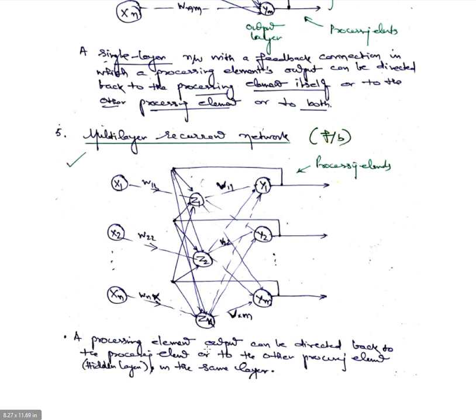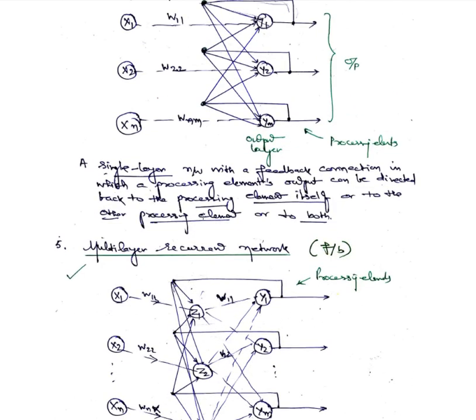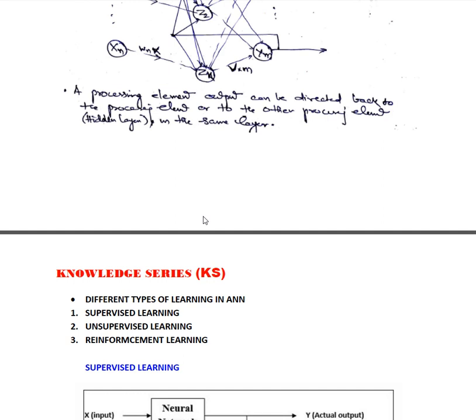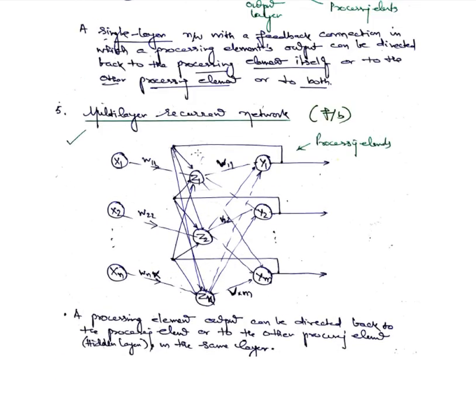A processing element's output can be directed back to the processing element or to the other processing element in the hidden layer in the same layer. So you will have 2 inputs here. This is how our network distribution is being discussed.